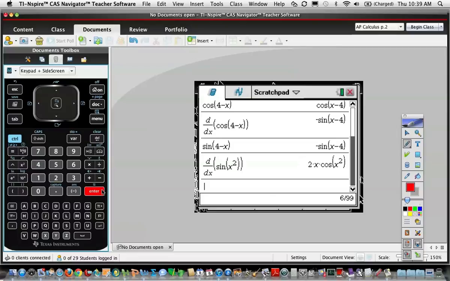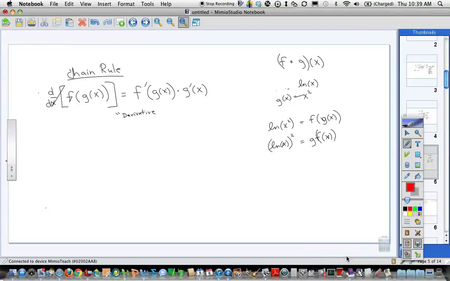In words it says: derivative of the outside, that's step one. Leave the inside alone.